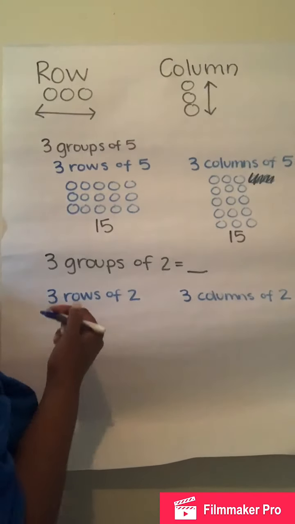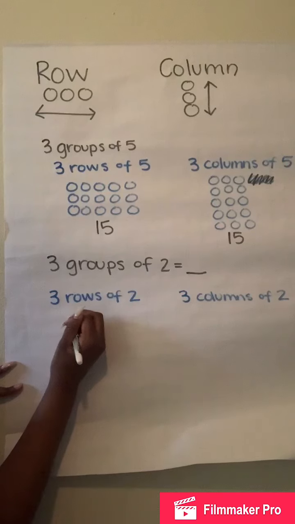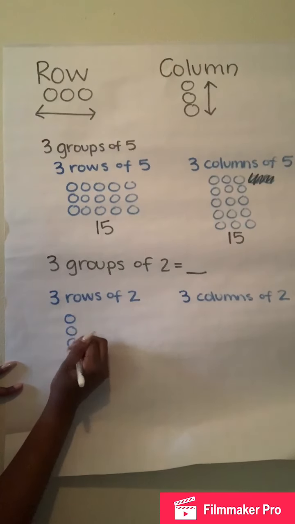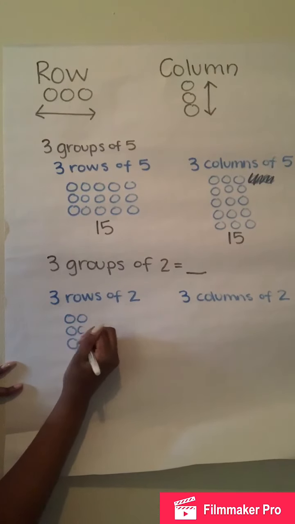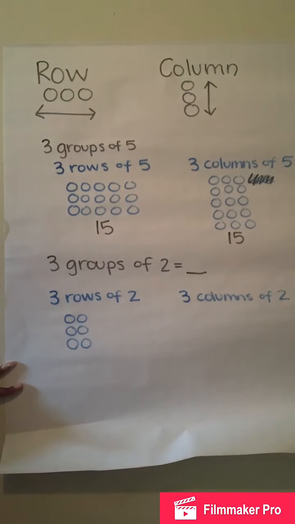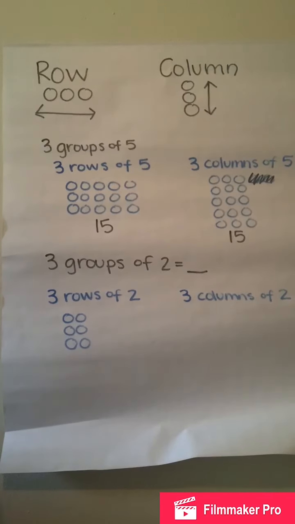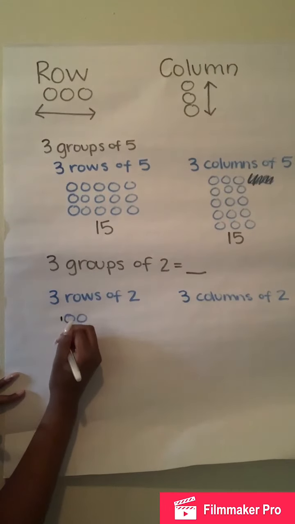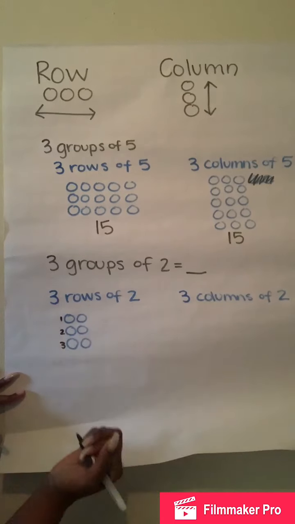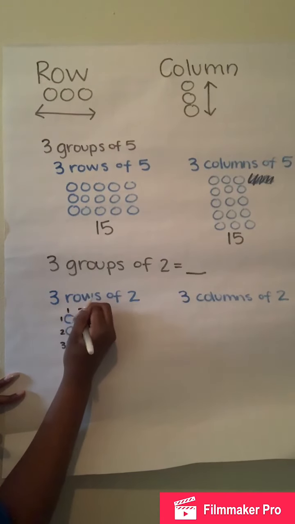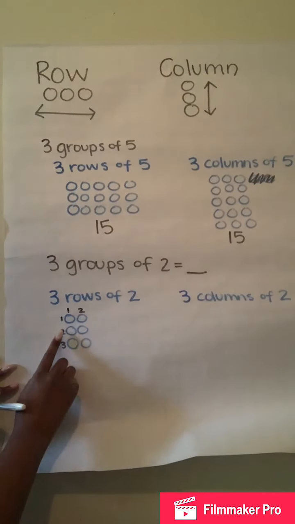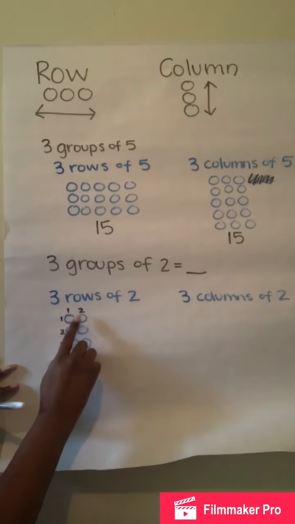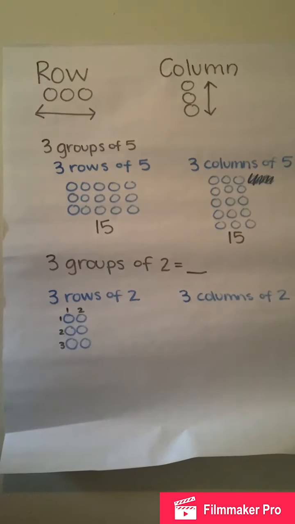If I draw 3 rows of 2, I have 1, 2, 3 rows, and there's 2 in each row.